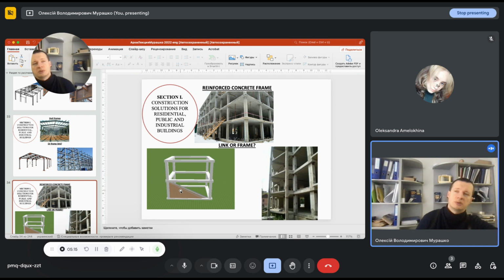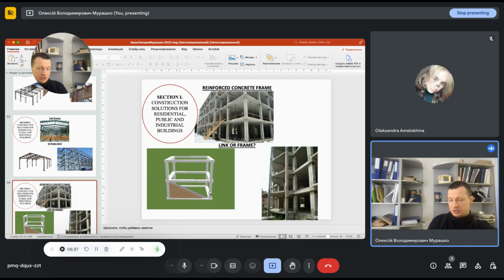But when we're talking about reinforced concrete buildings, the rod elements are not enough to make such a heavyweight structure geometrically stable. So that is why the role of links in such structural schemes, in such structural systems, can be played by reinforced concrete walls.